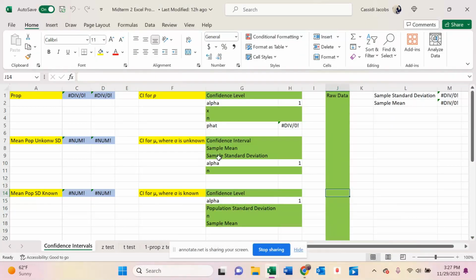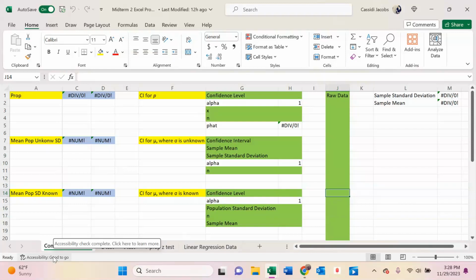This is the same document I provided to you in Blackboard, the Midterm 2 Excel program. And you see there's several tabs here. We have confidence intervals, Z-test, T-test, one-prob Z-test, and linear regression. Now, what I want you to be aware of is that we are going to be doing confidence intervals in today's lecture. So we're going to do everything in this worksheet here.